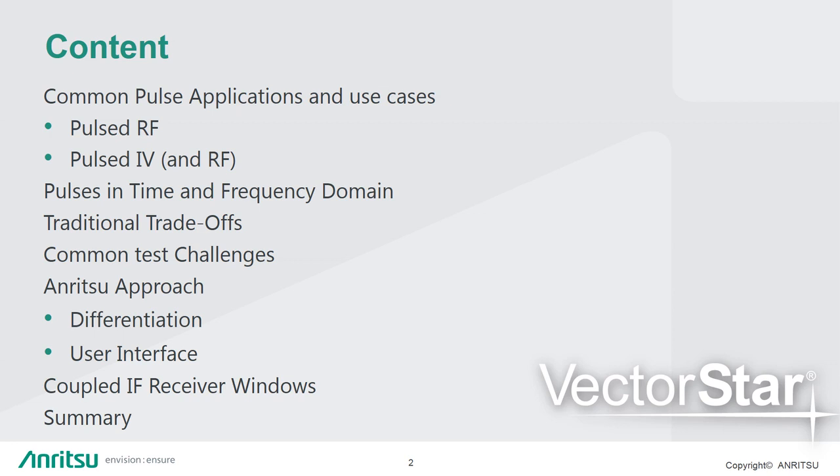We're going to look at the pulses in time and frequency domain and what are the historical and traditional trade-offs of this kind of measurement. What are the common test challenges that engineers face? And then moving on to our Anritsu approach of this measurement, our differentiation and our user interface. And finally, discussion regarding our coupled IF receiver windows and a summary.